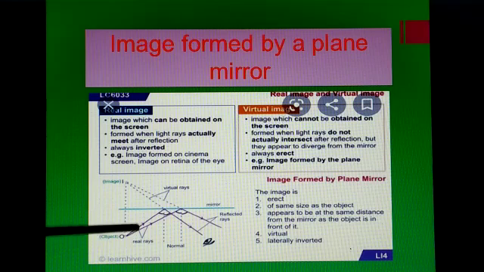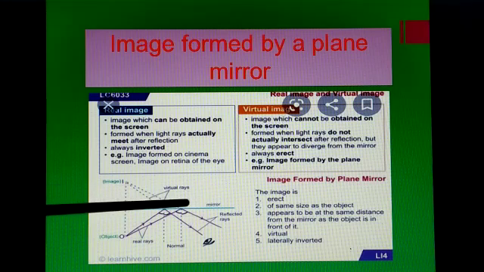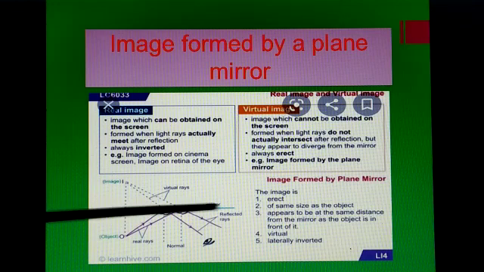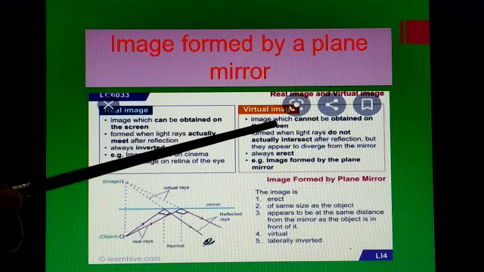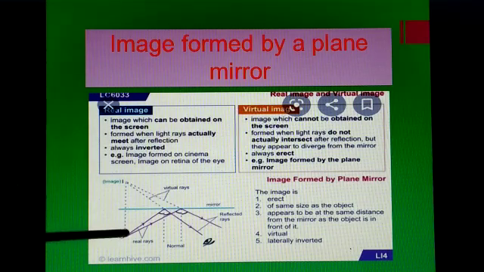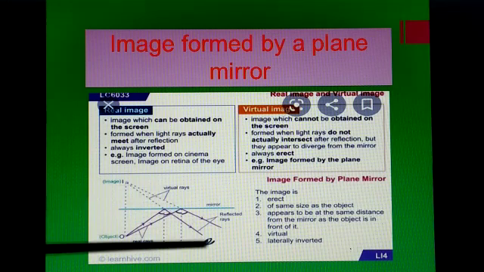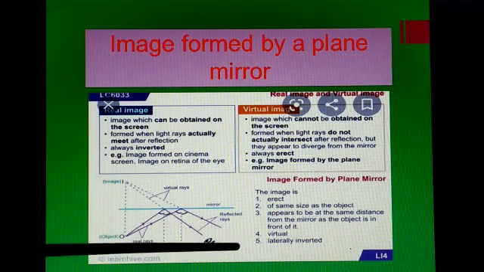So see here, virtual image. For example, a plane mirror. The image formed by a plane mirror is a virtual image. These are the incident rays. After striking the mirror, they will diverge in different directions.